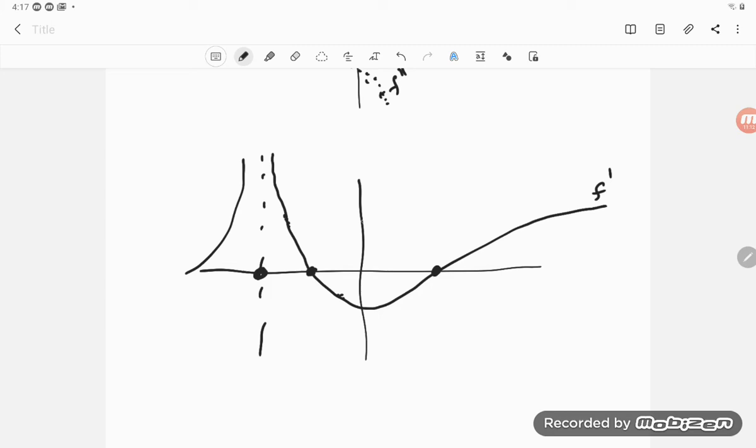So positive and then negative. So positive slopes. If I'm drawing f, I could have some positive slopes like that until I get to my critical number, and then I need negative slopes until I get to this critical number where it needs to have a slope of 0.